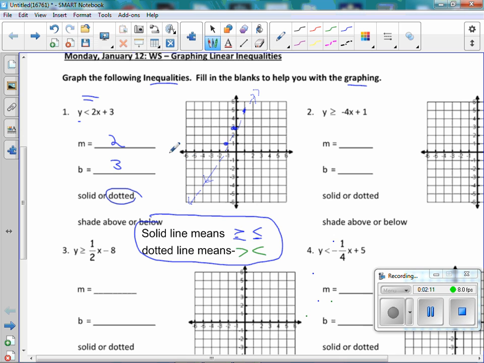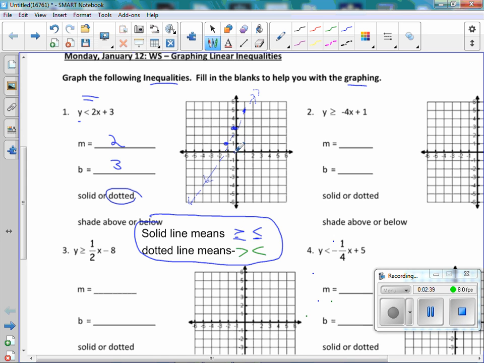Now we have to decide, since this is an inequality, where are we going to shade the graph? The shading means all the possible answers. Okay? So if this is y is less than 2x plus 3, why don't we choose a point on either side of the line to determine whether that graph will work?